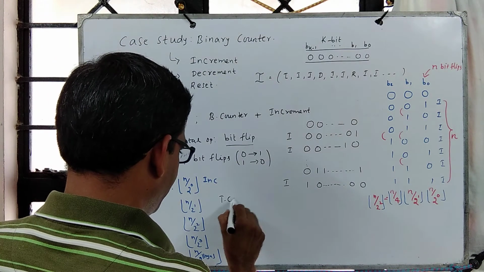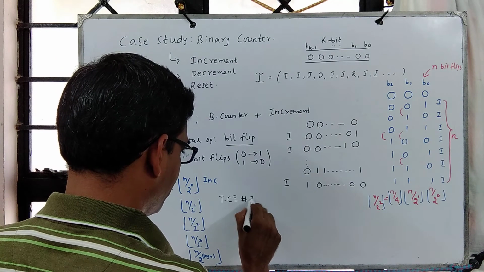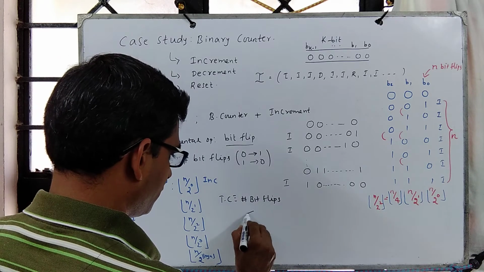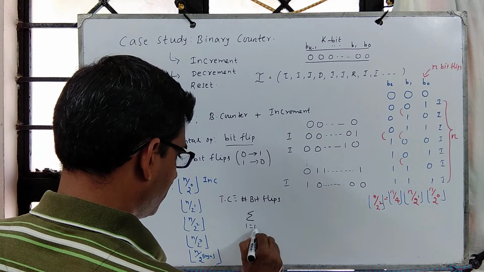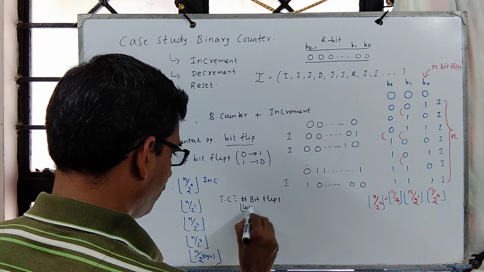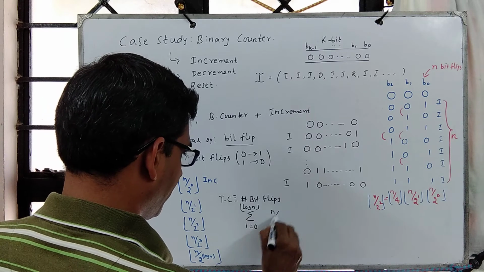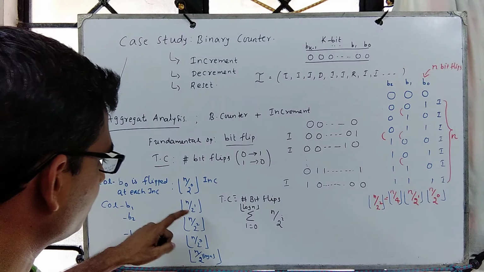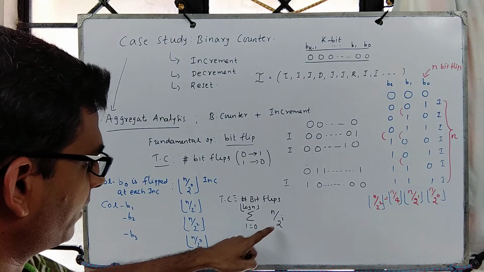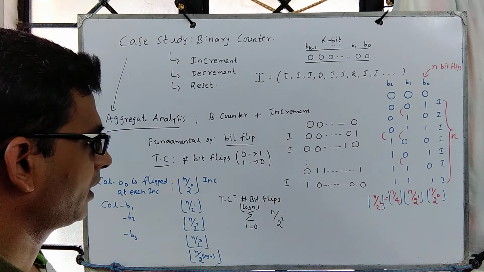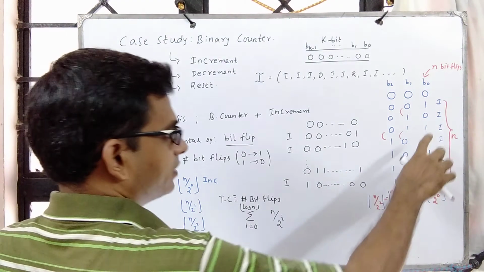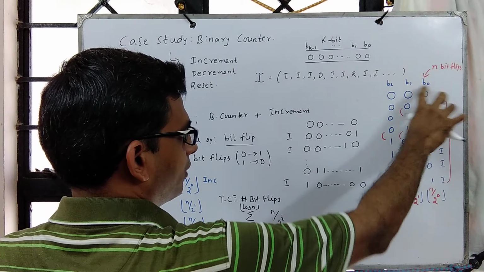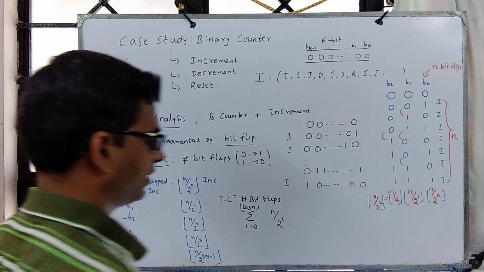So time complexity or number of bit flips is precisely this. So summation i runs from 0 to floor of log n of n divided by 2 power i. N by 2 power 0, 2 power 1 and so on up to n divided by 2 power log n. And so things given to us are a binary counter of size k, and first bit being b0, b1, up to b_k minus 1, and there are n increments.